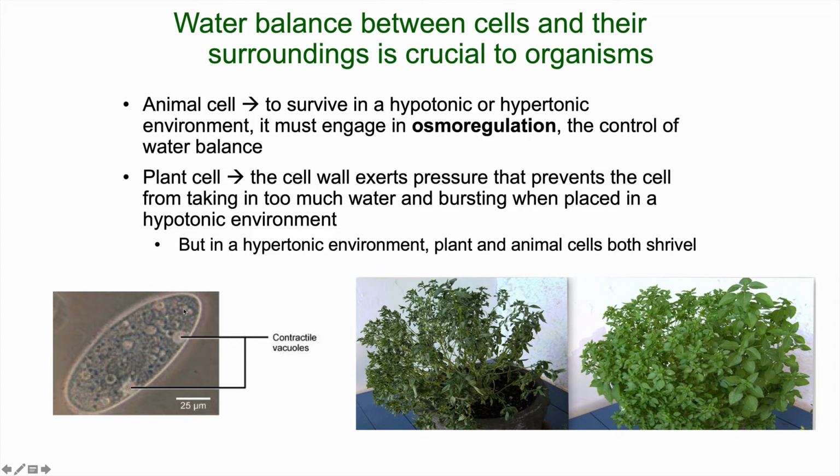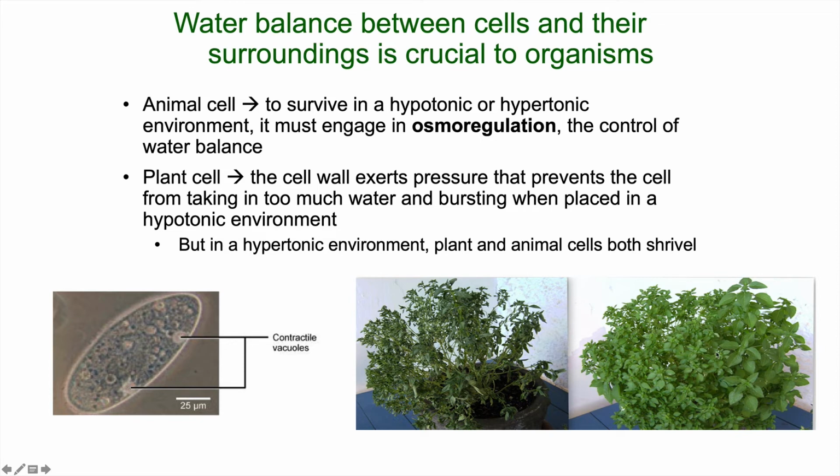And see, what happens is the cytoplasm is hypertonic to the environment. Water wants to flood in. And the paramecium doesn't have a rigid cell wall, and it doesn't want that high internal pressure. So what it does is it collects excess water from its cytoplasm in the contractile vacuoles and pushes it out of the cell. So in this single-celled organism, they have organelles that function very much like our kidneys.